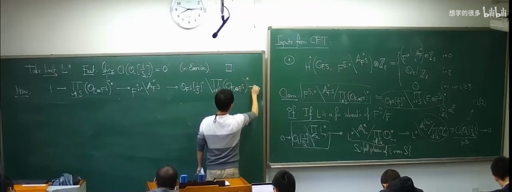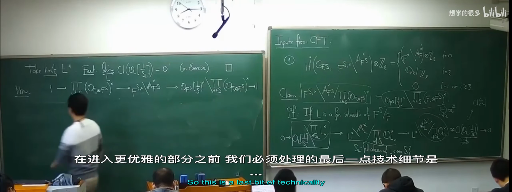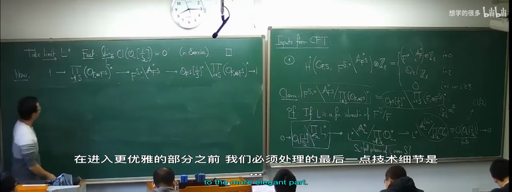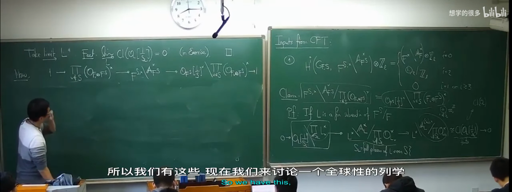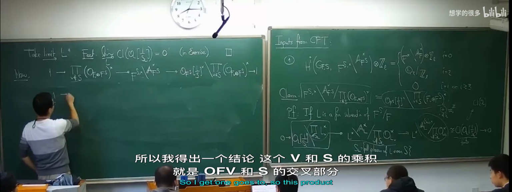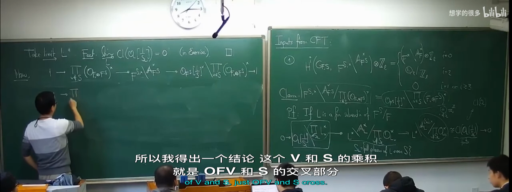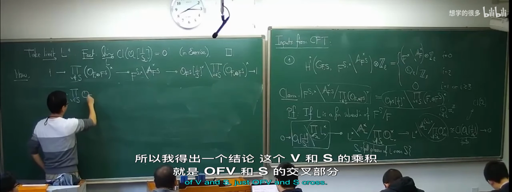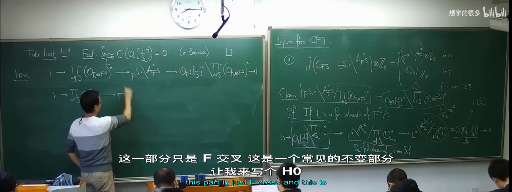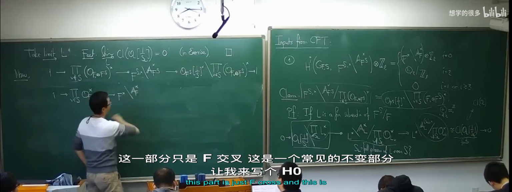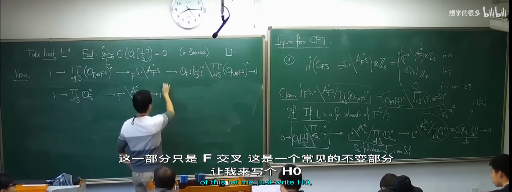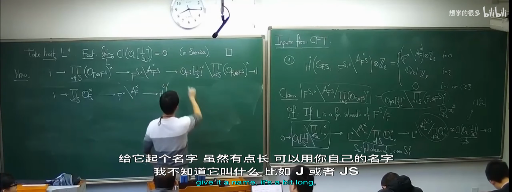This is the last bit of technicality we'll have to deal with before moving on to the more elegant part. So we have this, and then we take the global Galois cohomology. So I get 1 goes to the product of V in S of just O_F,V cross, and this part is just F cross. And this is the cohomology, the invariants part of this. Let me just write H0. Give it a name. It's a bit long.